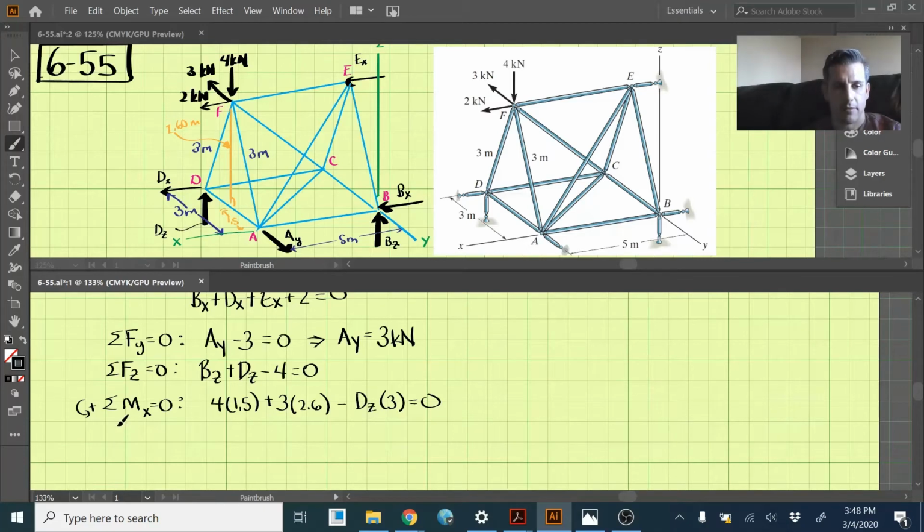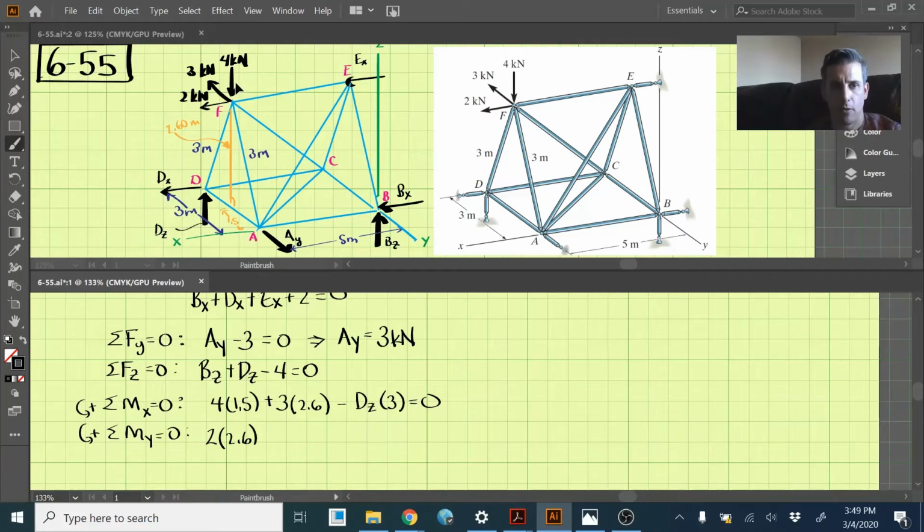Now the sum of the moments around the y-axis, set equal to 0, again with counterclockwise being positive. Here's the y-axis. We have this 2 kilonewton force, and it's going to create a counterclockwise moment, so that's positive. The perpendicular distance from the y-axis is 2.6.